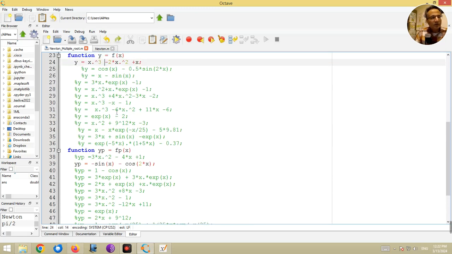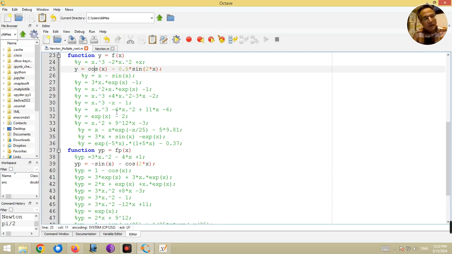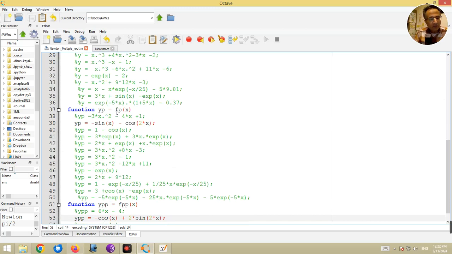I should start from here. I was wrong. This is the equation, cosine of x minus half sine of 2x. And this is the derivative, first derivative in fact. And this is the second derivative, minus cosine of x plus 2 sine of 2x.